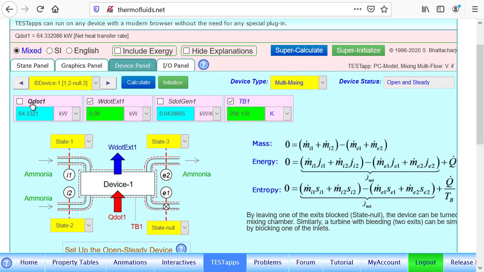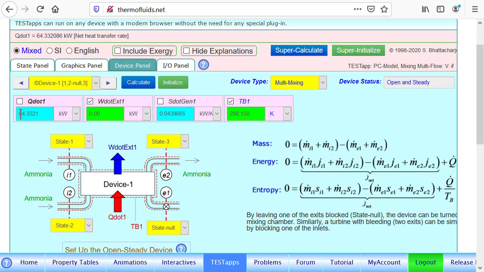This kind of iterative approach seems clumsy, but that's how most computers work. So you want to guess something which will give you a negative Q dot, which means you're losing heat. Then you come in between, so that you can quickly converge to Q dot equals 0 and get the correct answer iteratively.